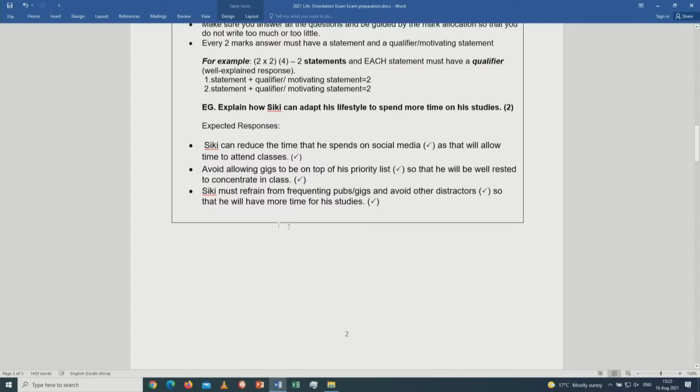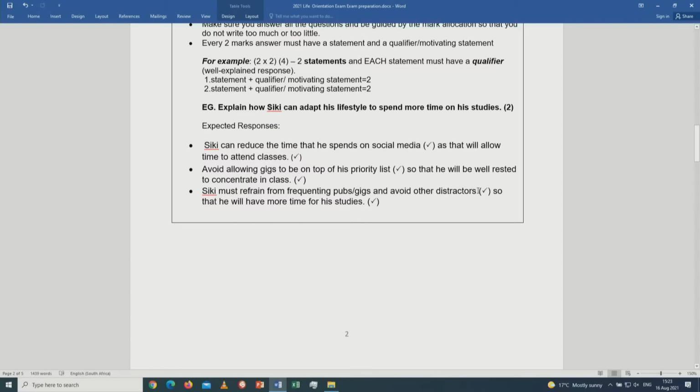Now, let's look at this last bullet, the 3rd bullet. Some learners, in their responses to these types of questions, which say 2 times 2, will say, Siki must refrain from frequenting pubs and avoid other distractors, full stop. When the teacher marks that, the teacher is not going to give a mark after "Siki must refrain from frequenting pubs and gigs", 1, and "avoid other distractions", another mark. No. Understand that that is 1 fact.